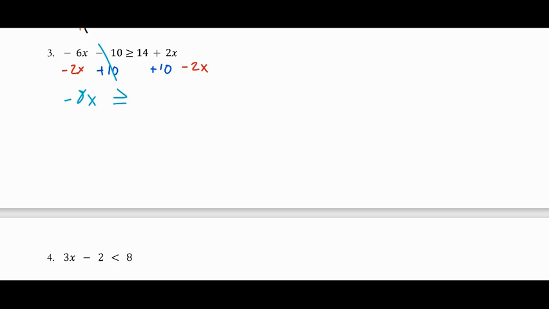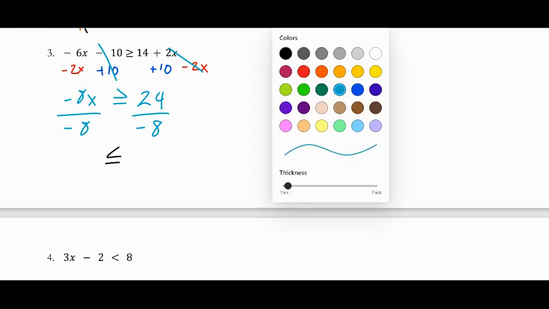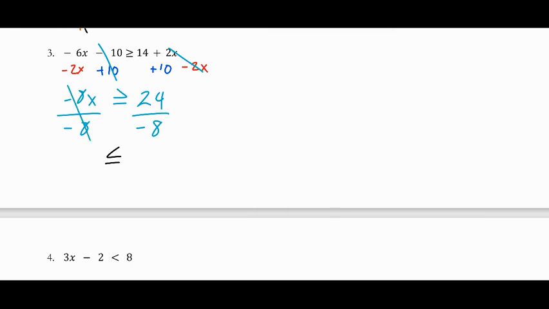It's greater than or equal to, let's see, 14 plus 10 is 24. And those two cancel each other out. Again, because we're dividing by a negative number here, that symbol will now switch. So the inequality sign will go from greater than or equal to, to less than or equal to. So now we have x is less than or equal to negative 3.